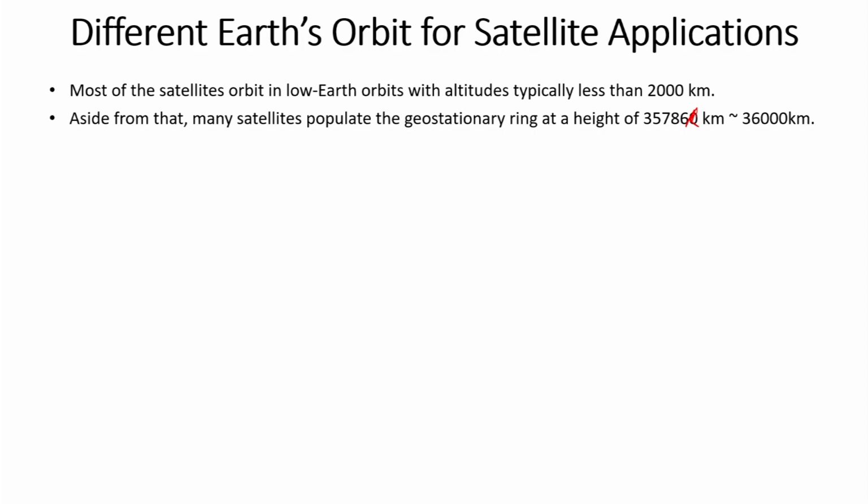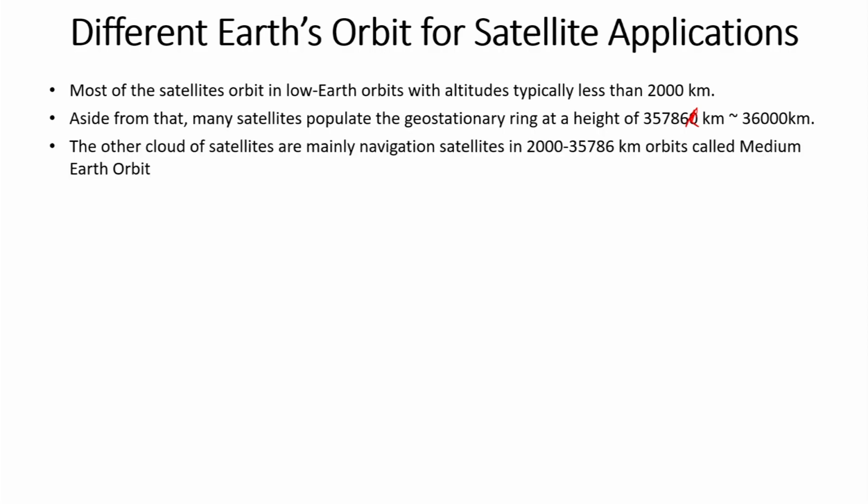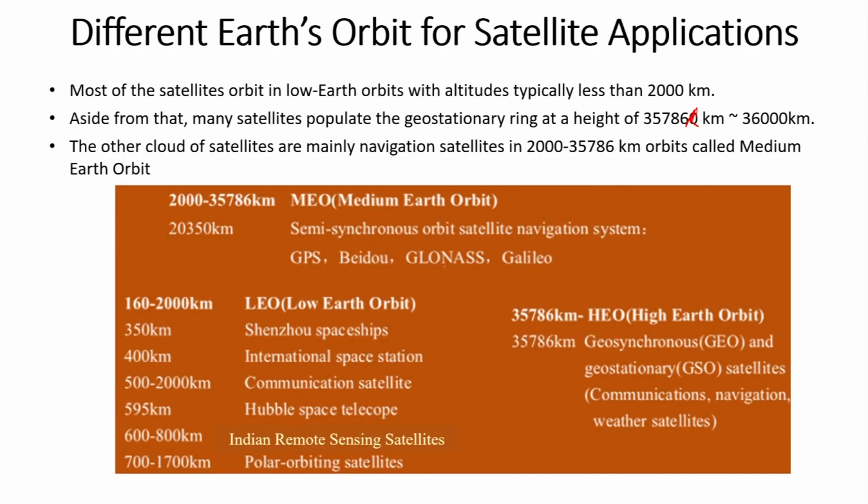It is 35,786 kilometers. The other class of satellites, mainly the navigational satellites, are in the range of altitudes from 2000 to 35,786 kilometers, called the medium Earth orbit. You can see in this table the different orbits: medium Earth orbit from 2000 to 35,786 kilometers, and one figure, 20,350 kilometers, is the semi synchronous orbit.